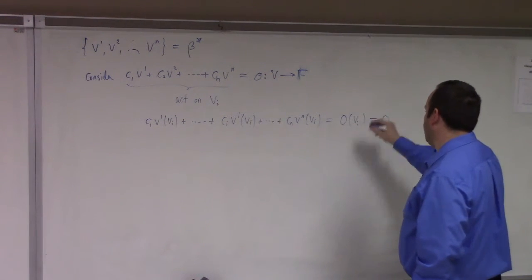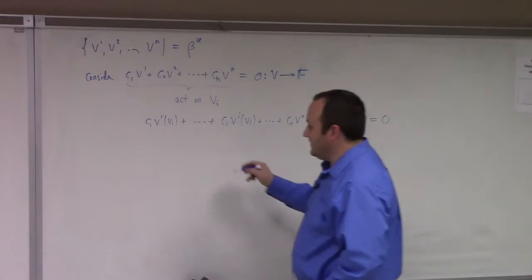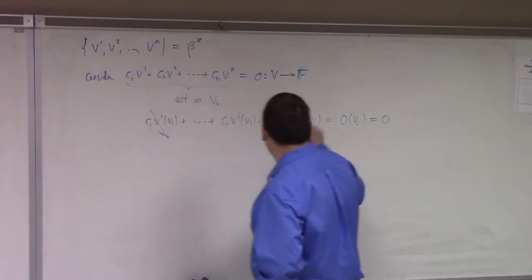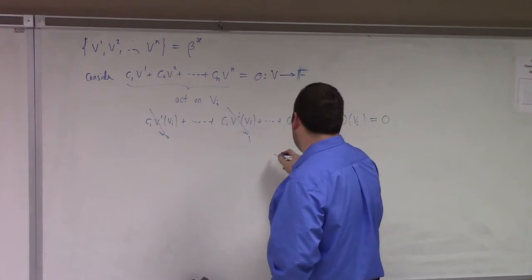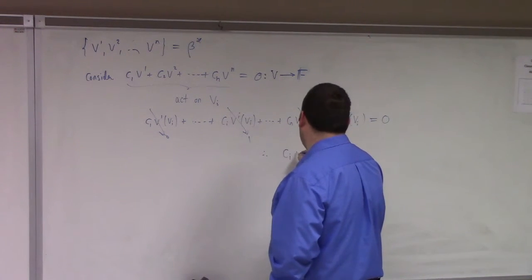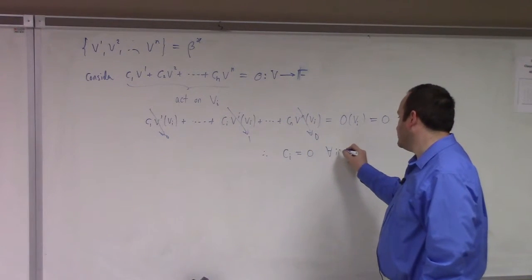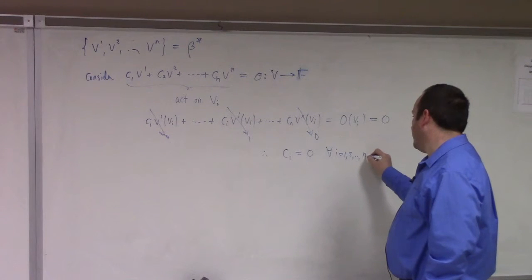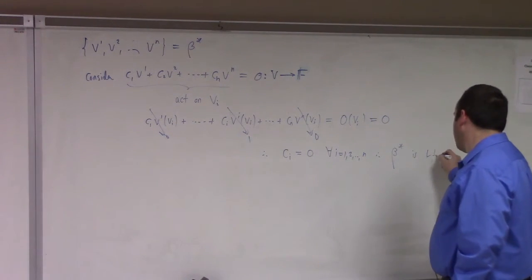That's 0 by definition of the 0 functional. And all these other ones are 0 as well by definition of the dual basis, right? 0, 0. Everything's 0 except for this, which is what? 1. So therefore, we get that ci is equal to 0 for all i.